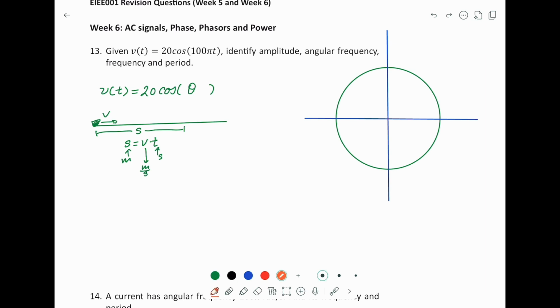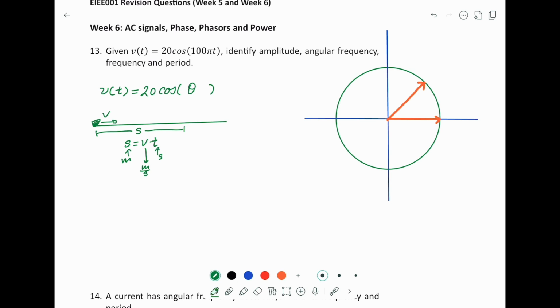Let's look at the case. At time equal to 0, there's a vector with 1 unit of length along the x-axis, and this vector starts to rotate. After some time t, this vector rotates to this position here.